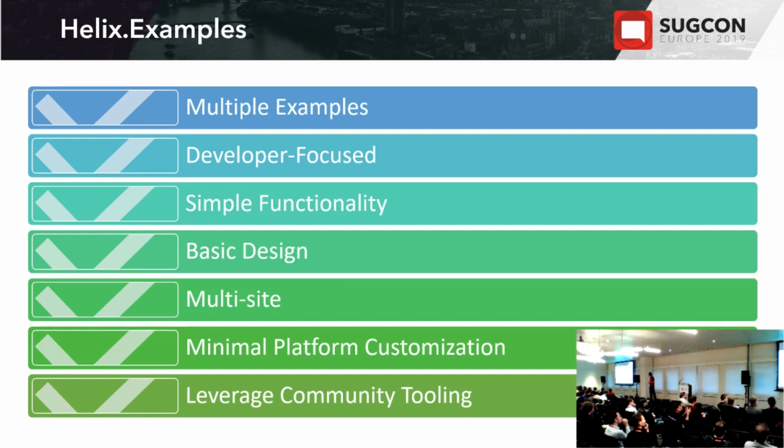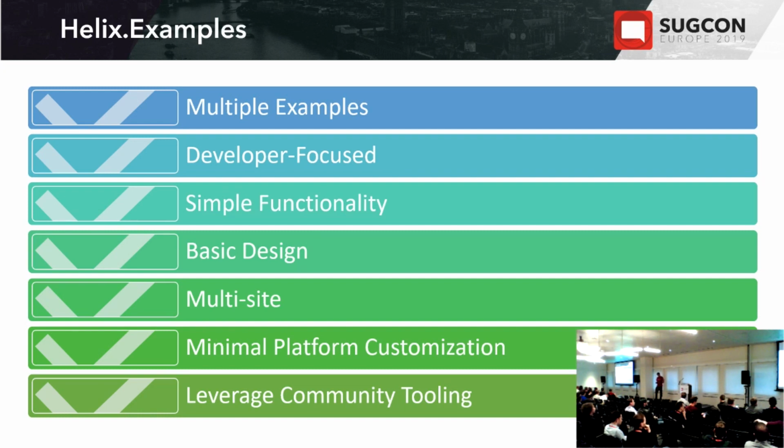And so the idea here is to have multiple examples of following Helix practices that are developer focused, and by that I mean the intention is for them to not be marketing demos. I'm sure at some point some SE or salesperson will use them, but it is that there's simple functionality with very basic design, so that you, as a developer, are focusing on the code, not on the functionality of the site.